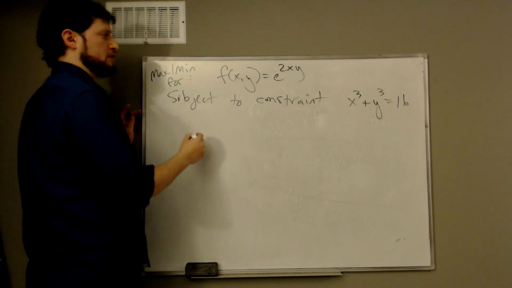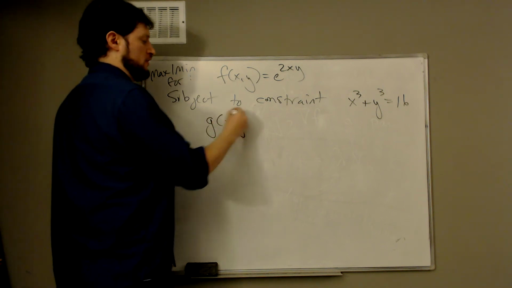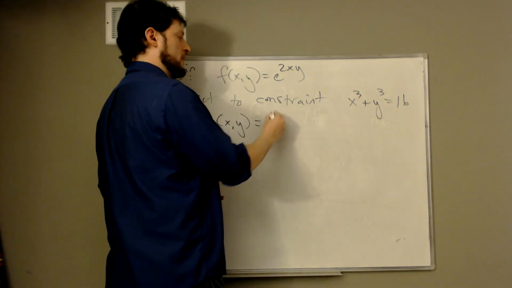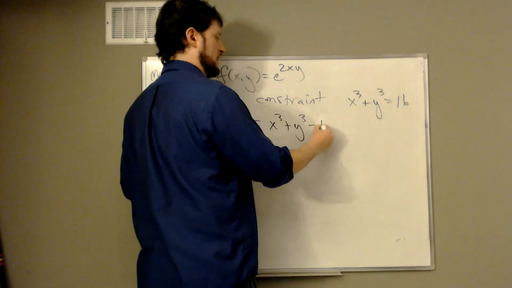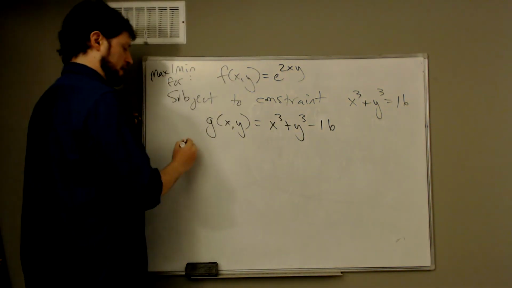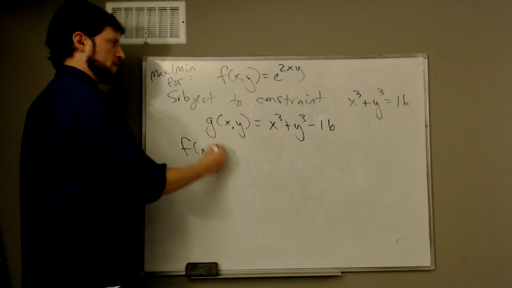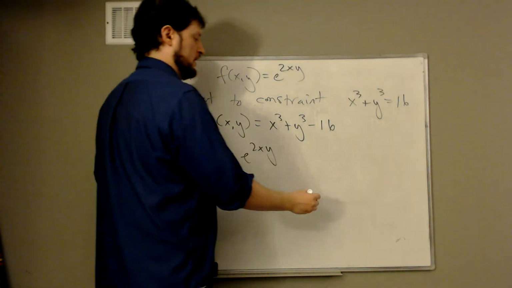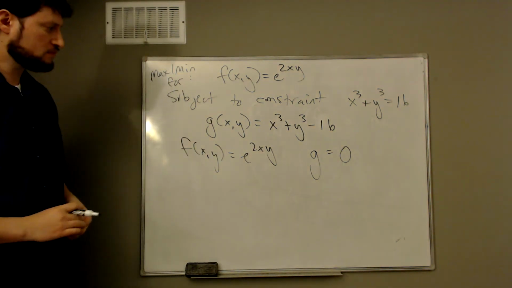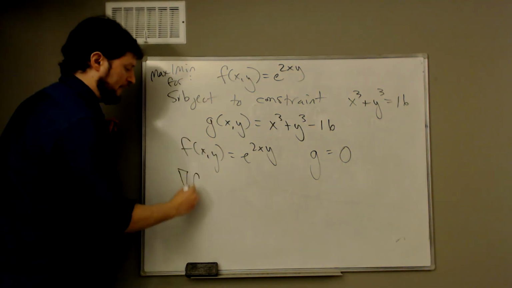For g, our constraint, take the curve as it's given and put everything on one side: x cubed plus y cubed minus 16. So f of x, y is e to the 2xy, and g is equal to 0. That's what we're looking for. So we need grad f.